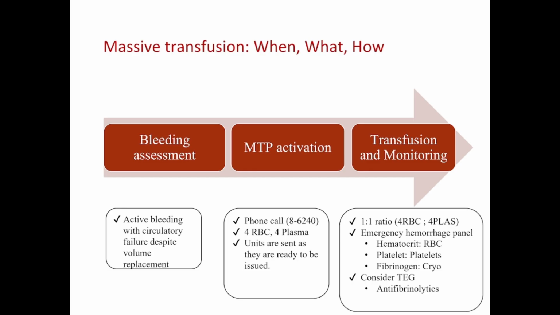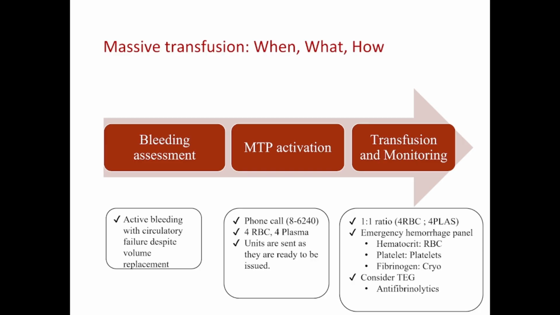Also, please order the emergency hemorrhage panel because it's done very quickly. It's a high priority test for us. Sorry, I misspoke. The emergency hemorrhage panel contains hematocrit, platelets, fibrinogen, and also PT.